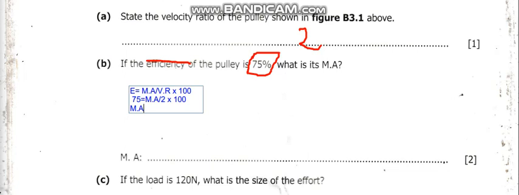The value for the mechanical advantage will be equal to 75 times 2 over 100. Okay, so we have that one. Mechanical advantage is equal to 75 times 2 divided by 100. So 75 times 2, we're going to have 150.